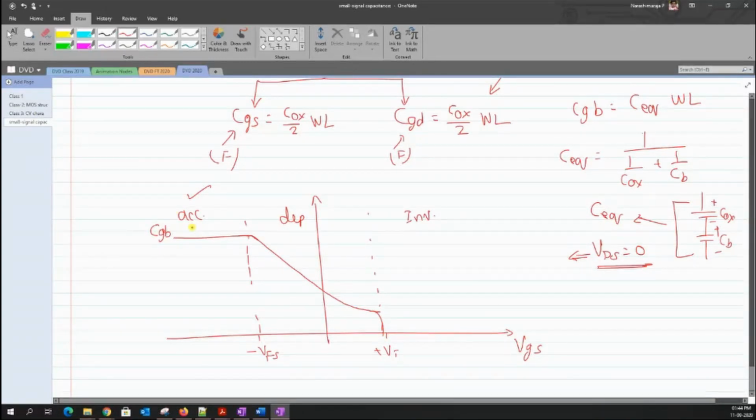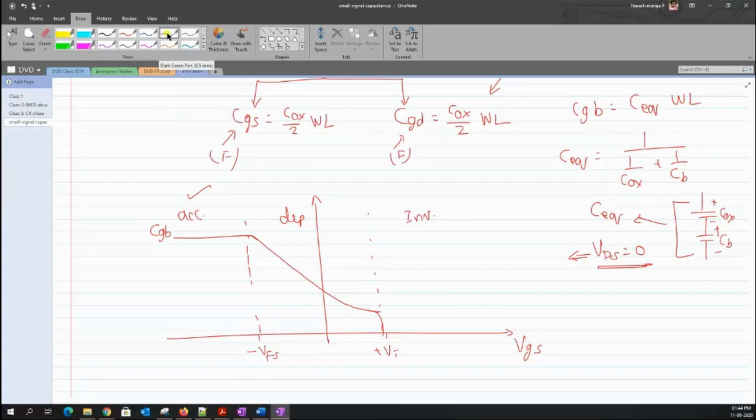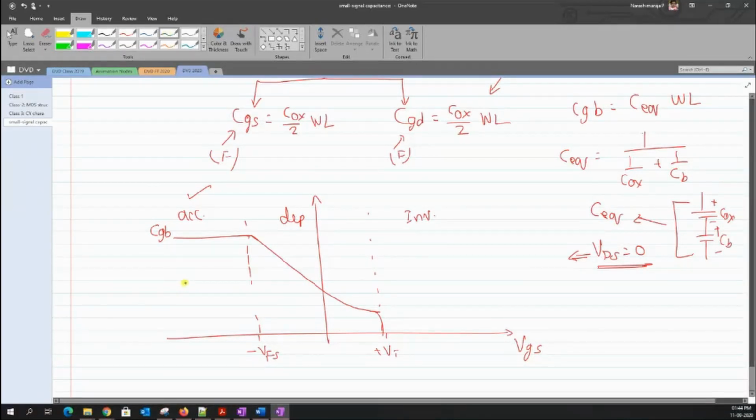But what about the graph of my CGS or CGD? Where does it exactly come into the picture? Do we have any capacitance between the gate and the source in this particular region? They were considered to be equal to 0 because I don't have any negative charges.